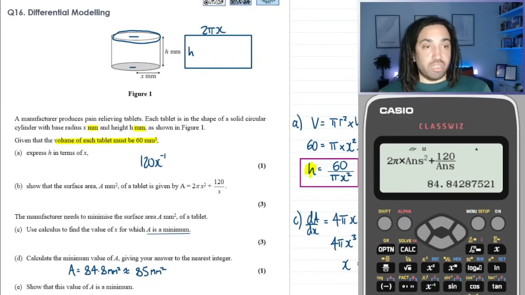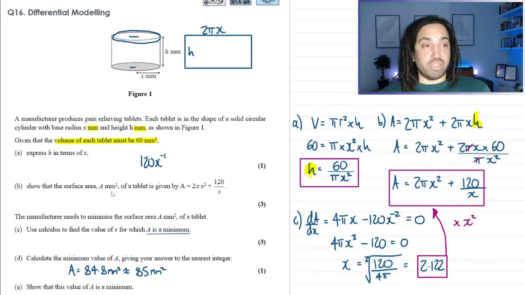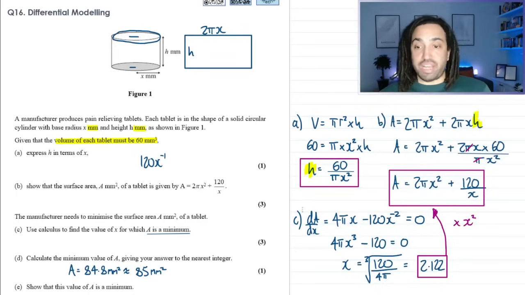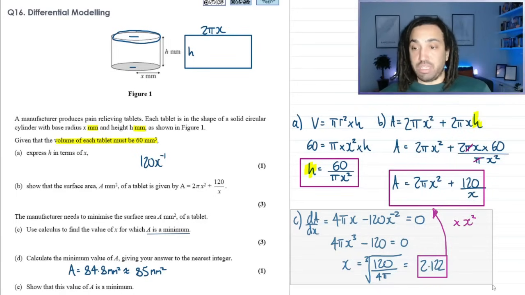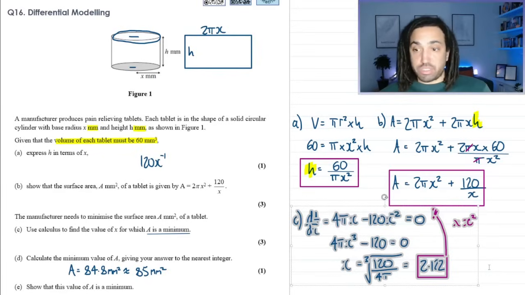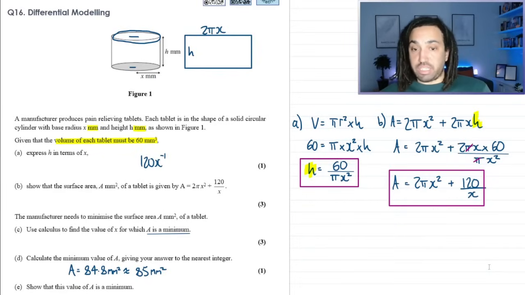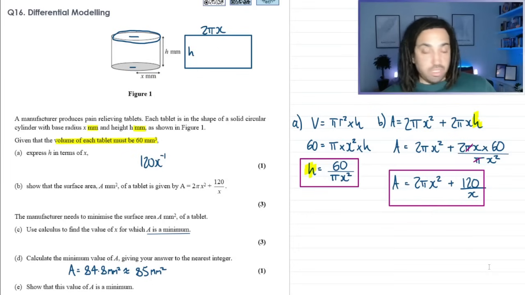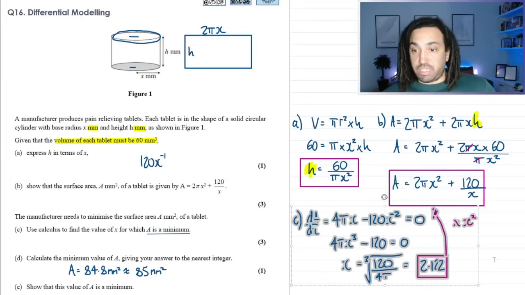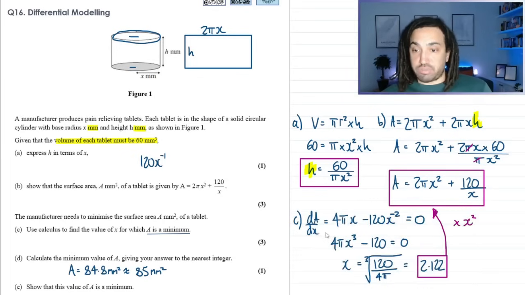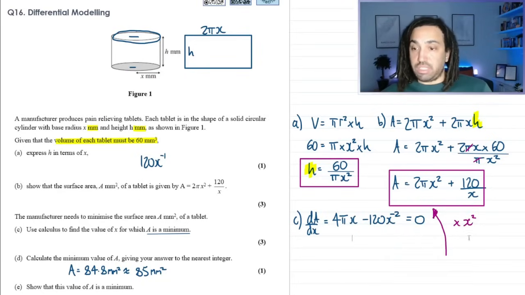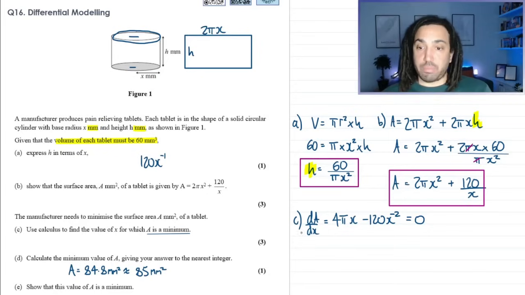Perfect. Okay, so the next thing is we need to show that it is a minimum. So to do that, we need to find the second derivative. And I've just deleted the first derivative, so that's not helpful. Let's find the second derivative.